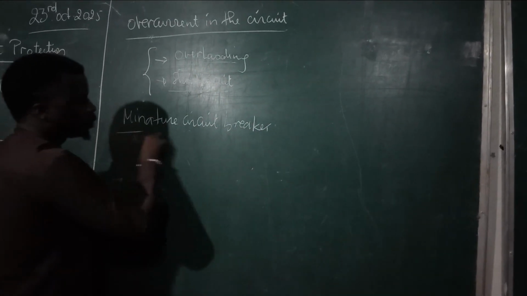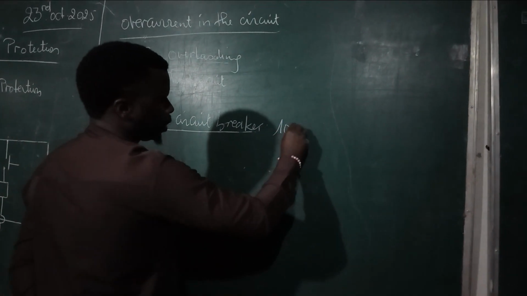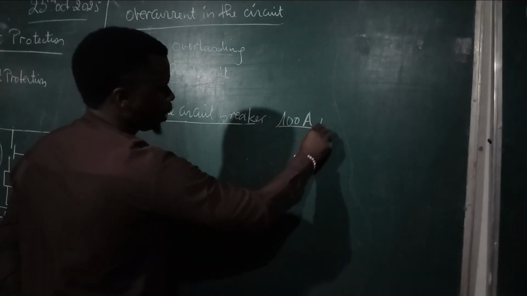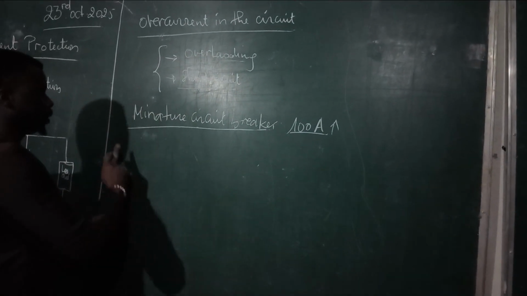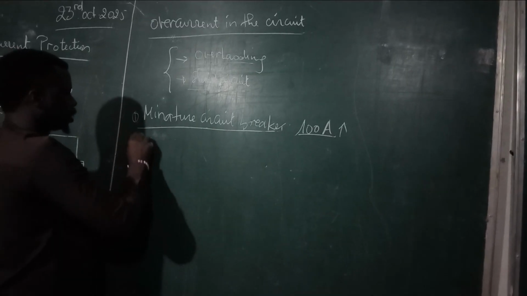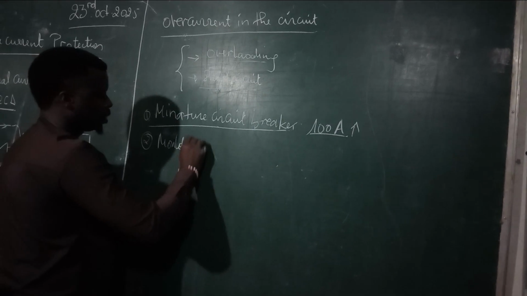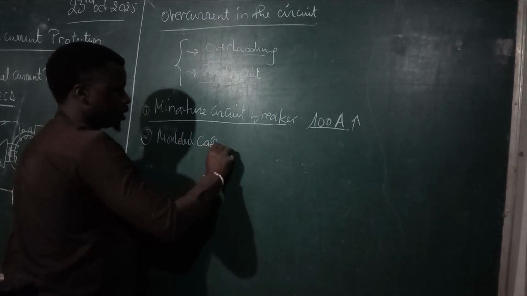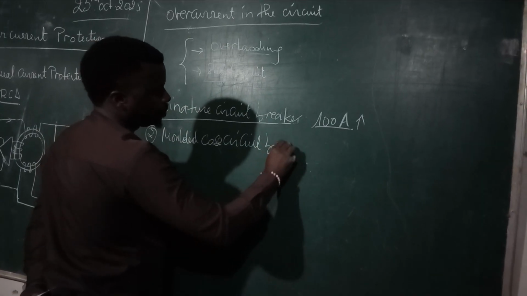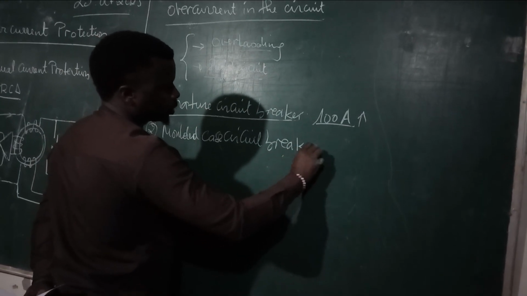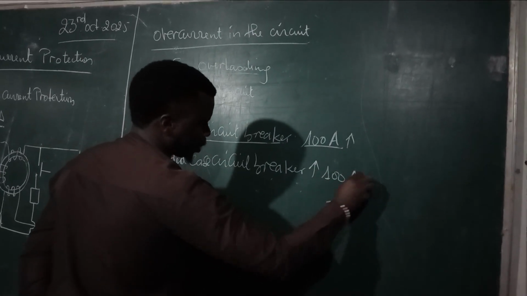It works for a circuit up to 100 amps. For currents above this, we no longer use a miniature circuit breaker. We use a moulded case circuit breaker, which works for over 100 amps.